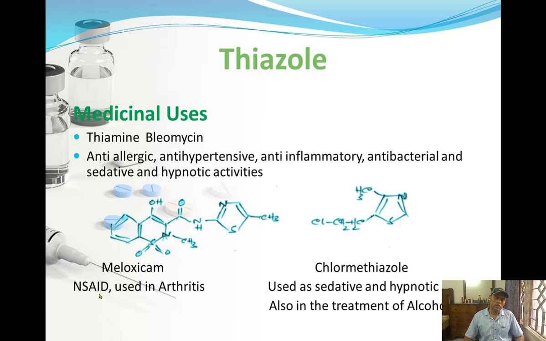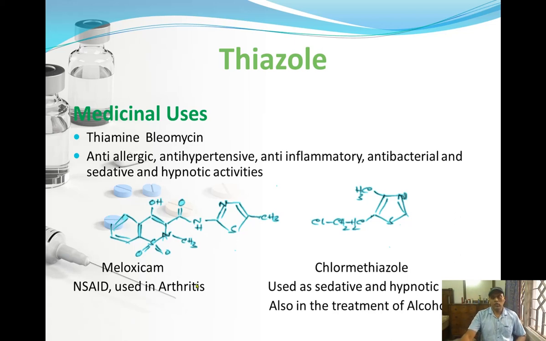It is little used as a general anti-inflammatory because there are other less expensive or easier products available as anti-inflammatory agents. But this is used in arthritis. Arthritis, as I told you before, is inflammation in the joints.